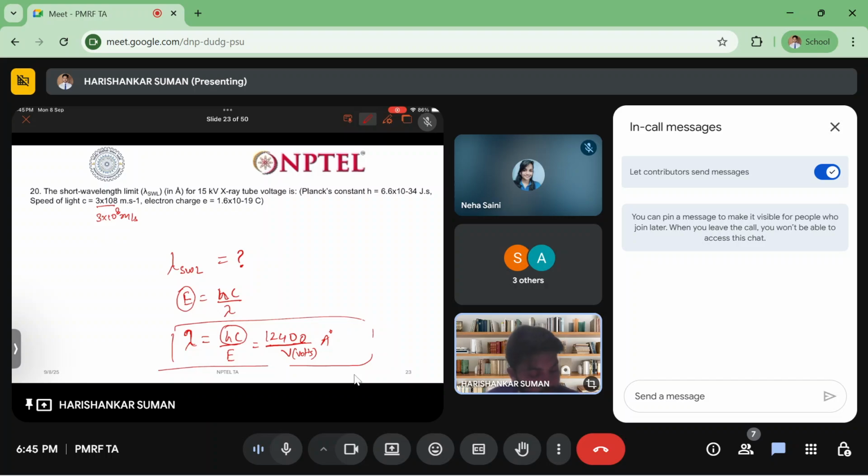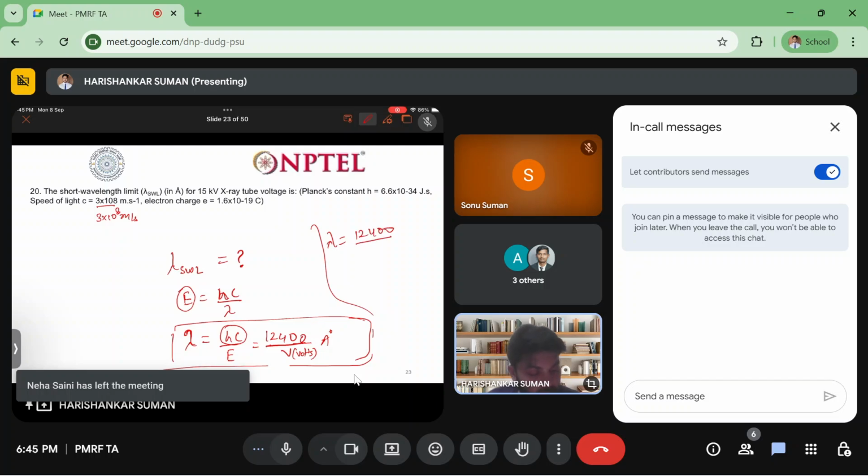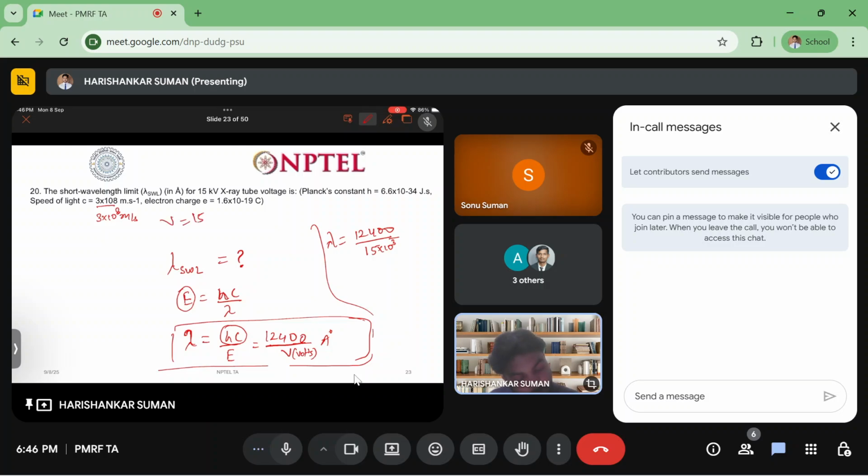Did you get your answer? So lambda will be, V equal to 15 kilovolt, or 15 times 10 to the power 3 volt. Now this will be in angstrom. Solve this equation.